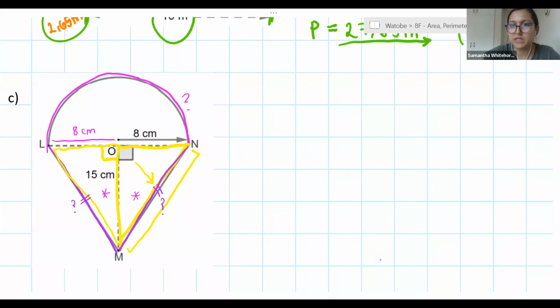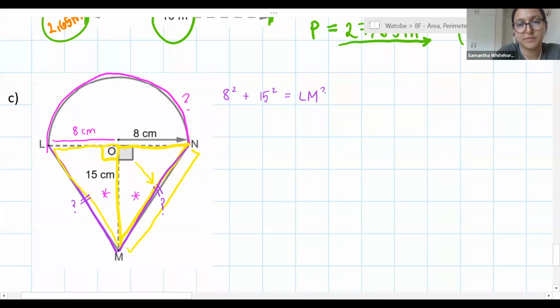Okay, our Kiwi, do you want to tell us what that length MN should be? Yes, ma'am, it's 17. Excellent. Do you want to explain how you got there? Yes, ma'am. The base of the shape is 8, so I said 8 squared plus 15 squared is equal to LN squared.